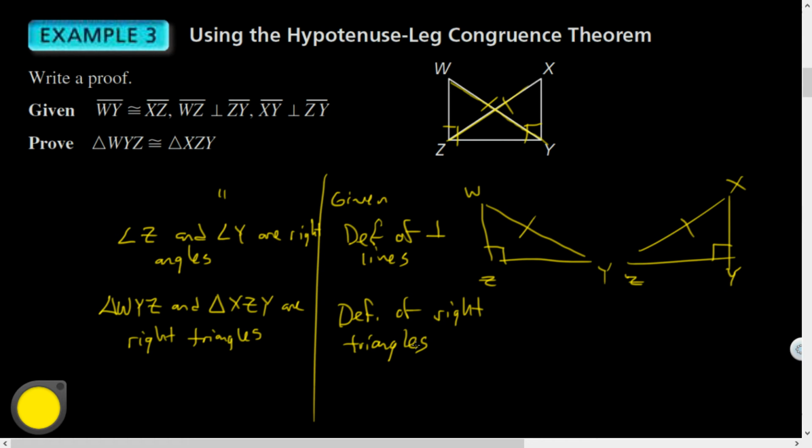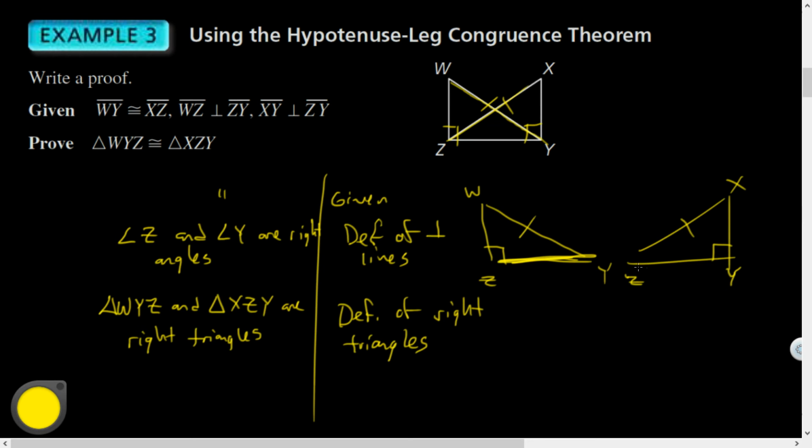Okay, all right. Now, I've got a hypotenuse and a hypotenuse in a right triangle that are congruent. If I want to use the hypotenuse leg, I think I need some legs that are congruent. Which legs can I work with here? Do I have a way of showing this leg is congruent to that leg? No, not yet. Not yet, anyway.